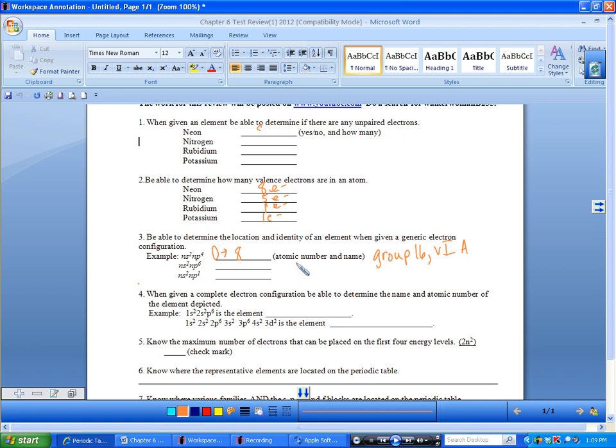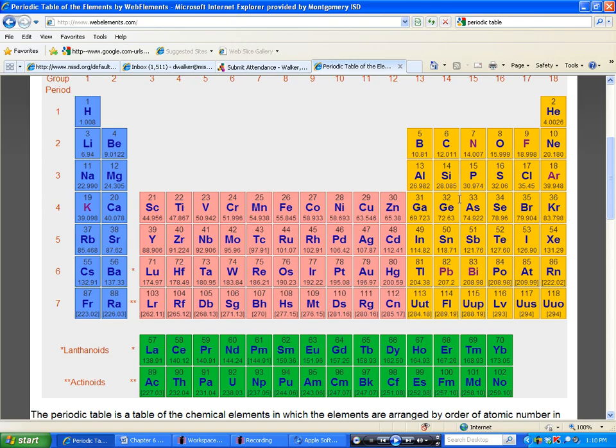All right, 2 plus 6, I'm looking for 8 valence electrons here. So I go and I pull my periodic table back up again. And I say, well, 8 valence electrons is over on this far right-hand side, so it could be any of these. It's group 18 or 8A, starts with neon and goes through radon.